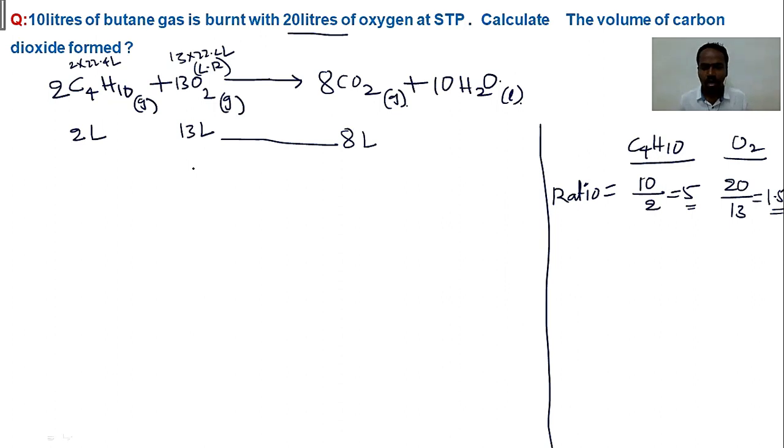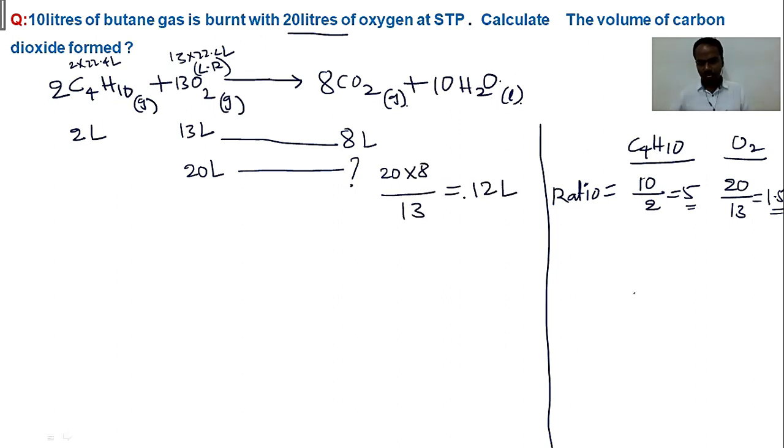Then the volume of O2 given in the question is 20 liters. 20 liters can produce how many liters of CO2? It is 20 into 8 by 13, 12 liters. So this is the way of solving the questions. And what is the limiting reagent here? Oxygen is the limiting reagent. How many liters of carbon dioxide are produced here? 12 liters of carbon dioxide.